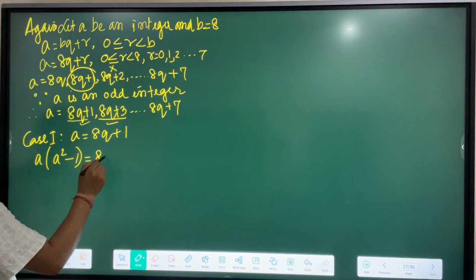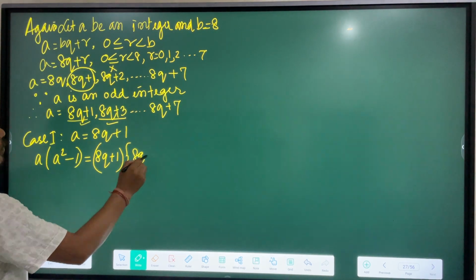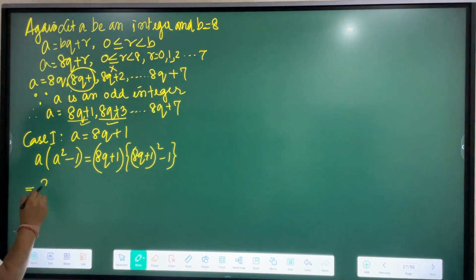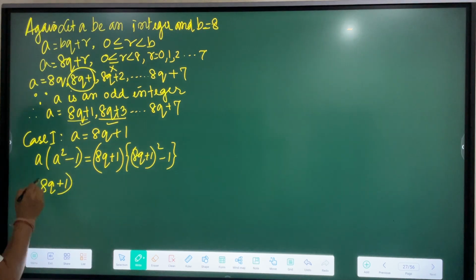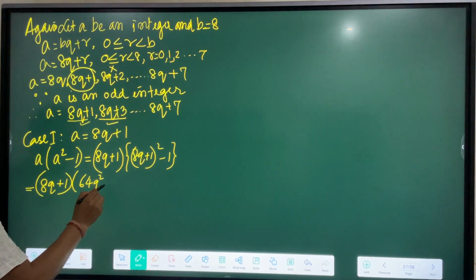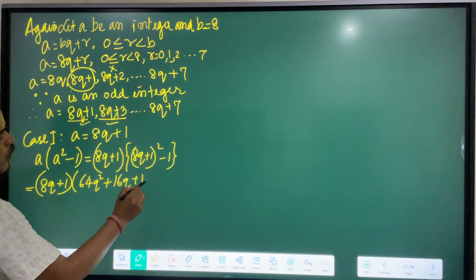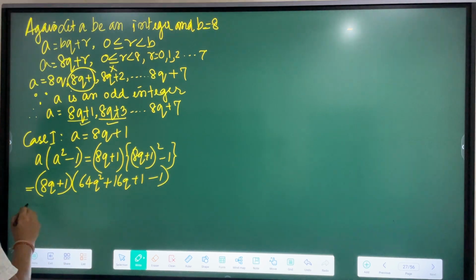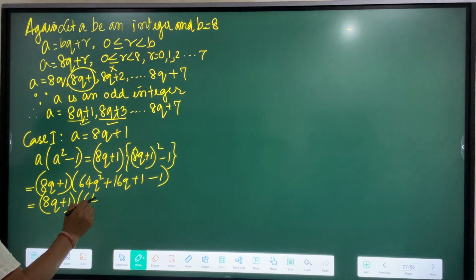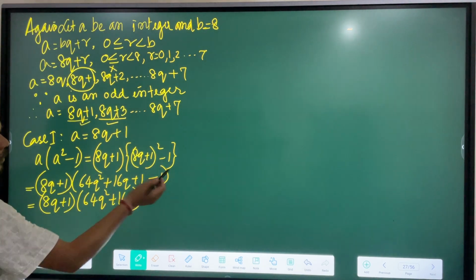So a means 8q plus 1, so 8q plus 1 into (8q plus 1) whole square minus 1. 8 8s are 64, 2 8s are 16, so 64q square plus 16q plus 1 minus 1. The plus 1 and minus 1 cancel.